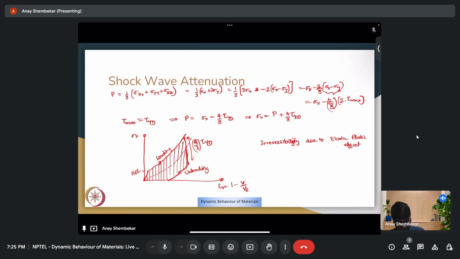So it's popularly considered as the hysteresis. So this is what happens when you have a Hugoniot elastic limit and a difference in hydrodynamic and non-hydrodynamic components.